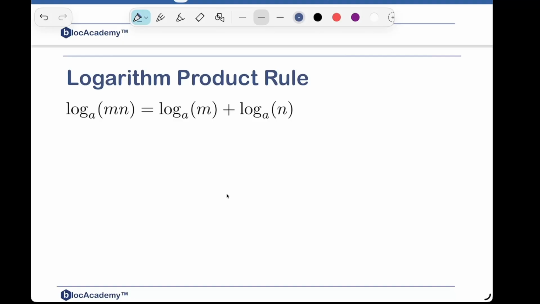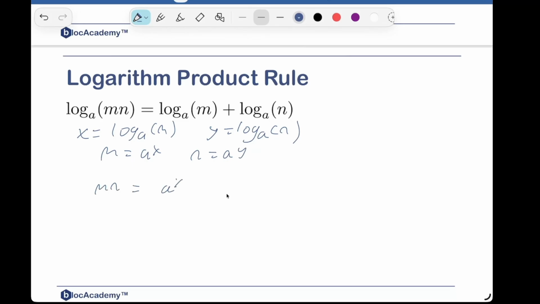So for this one, let's suppose that x equals log a of m, and suppose y equals log a of n. So what's interesting is that m equals a to the x, and n equals a to the y. So mn is going to be equal to a to the x times a to the y. Now let's say we take log a of both sides.